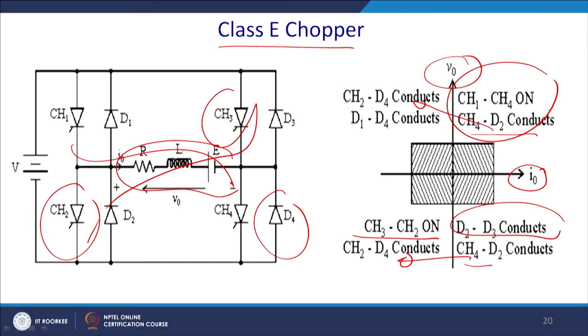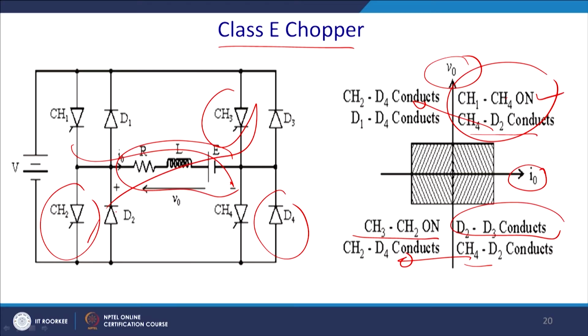So, here if current flows in this direction, of course, you have to operate CH1 and CH4. So, this will be operating, and since current is unidirectional, then in the next case of course CH4 and D2 will conduct for the off time, and current will always be positive.